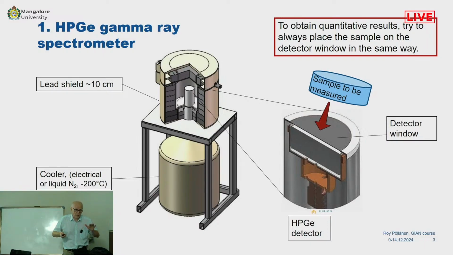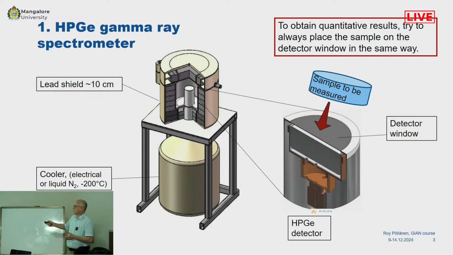If we want to detect very low energy gammas, we should have a very thin window. In older detectors, this window is quite often composed of, for example, aluminium, which is also quite a good material, but then we cannot see very low energy photons.